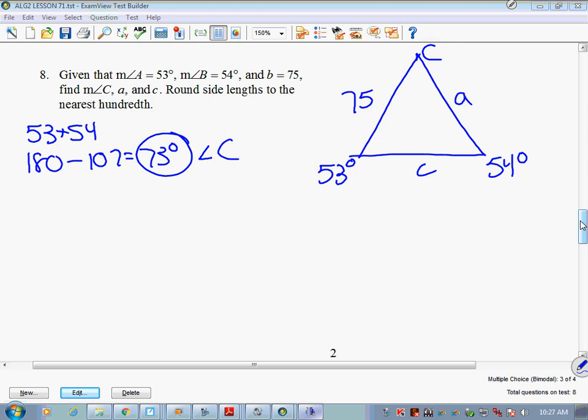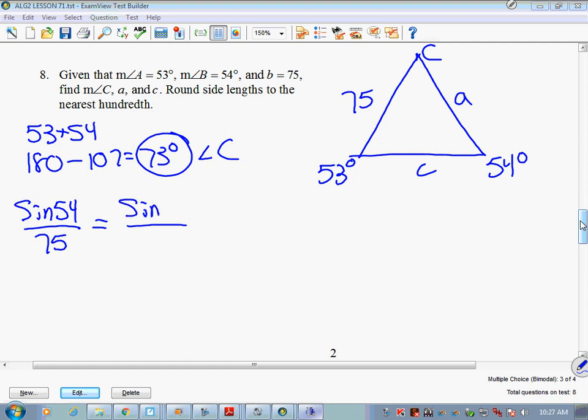Side A. Okay, so tell me, what are you going to put top left then? Okay, sine 54 over what? Over 75 equals what? What goes top right?